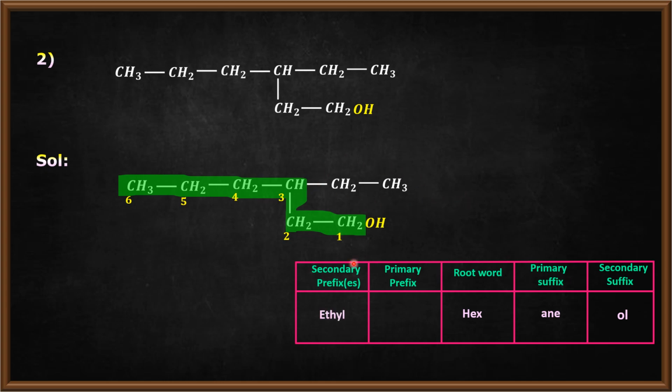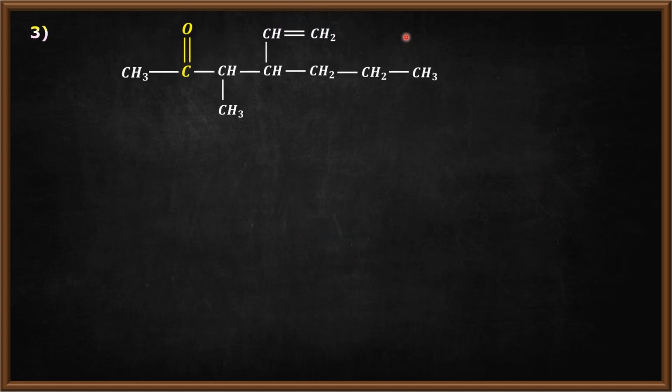It is the secondary prefix, otherwise substituent. So the name of this organic compound is 3-ethylhexan-1-ol. Here also E has been dropped from the primary suffix because it is followed by the suffix beginning with O. Next, the third one is this one.